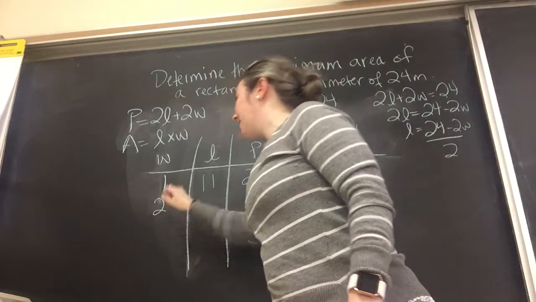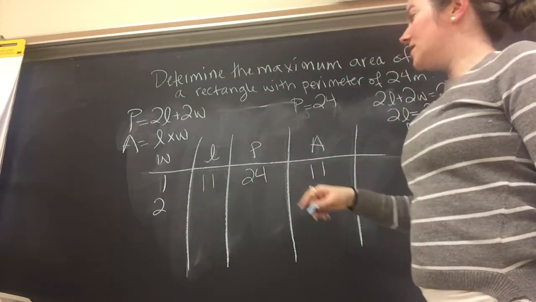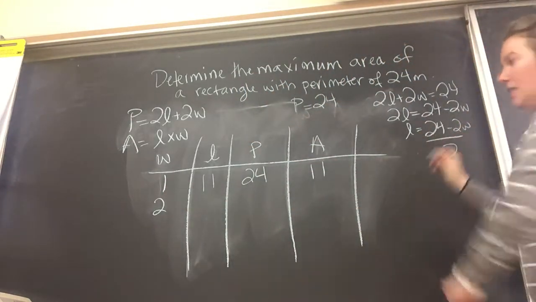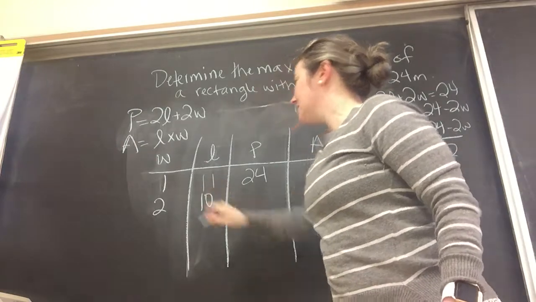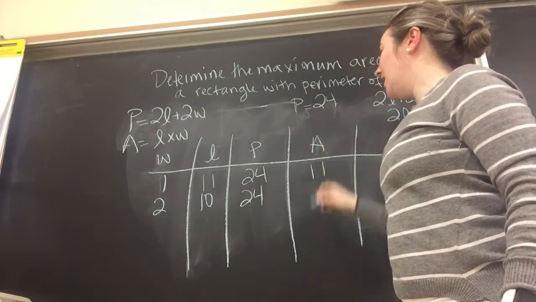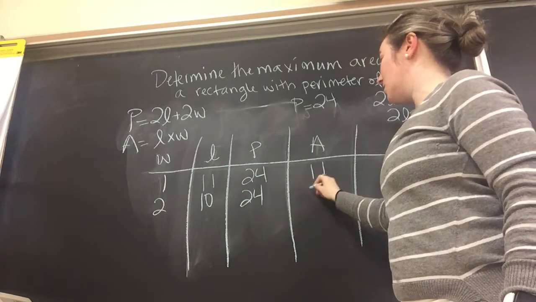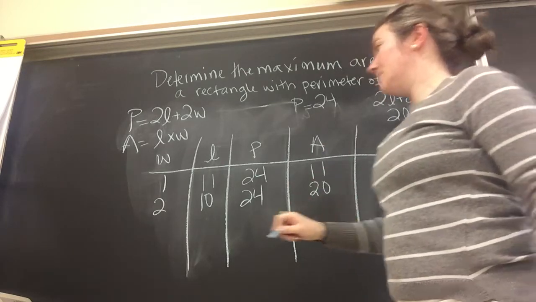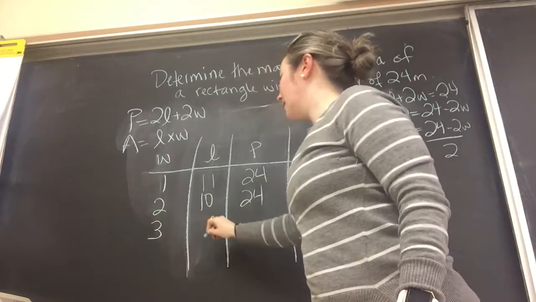Okay, try it again. So width is 2. If width is 2, I use my formula, and I find that the length is 10. It's still going to give me a perimeter of 24, and then the area is going to be 2 times 10, which is 20. And I'm just going to keep going.